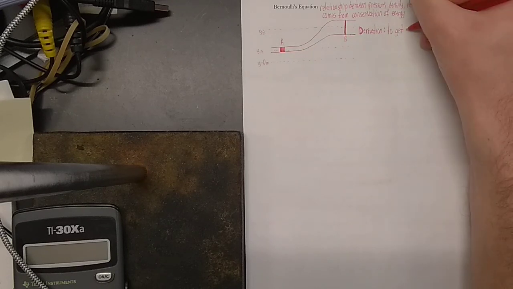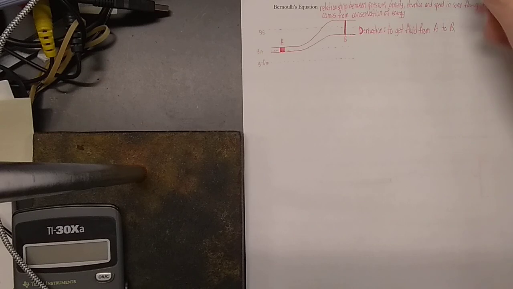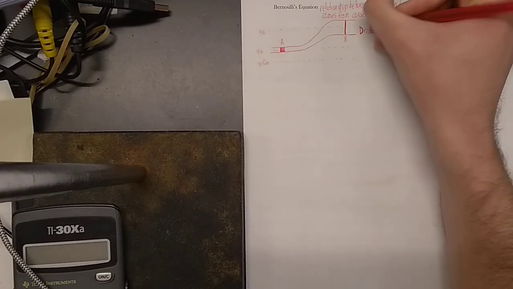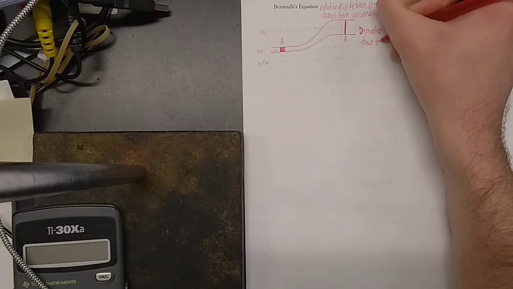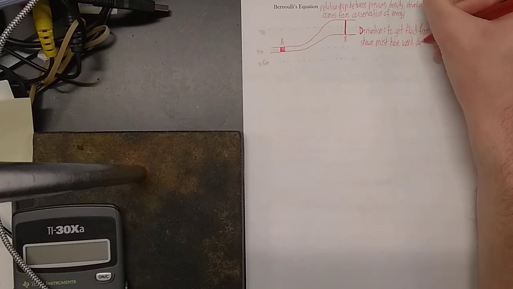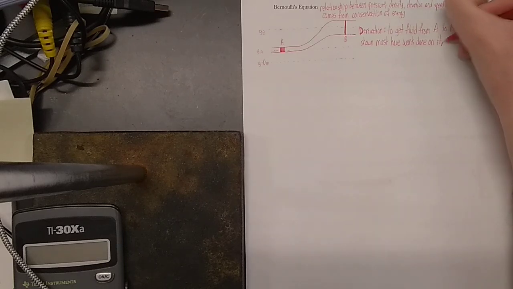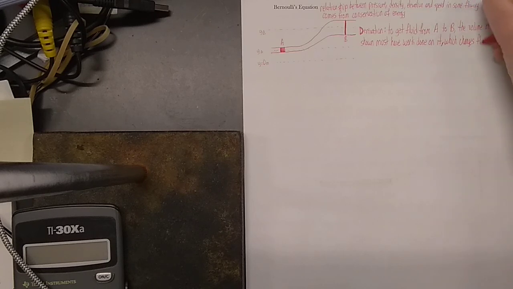To get the fluid from where it is at point A to where it is at point B, the volume of fluid shown must have work done on it, which changes the fluid's kinetic energy.